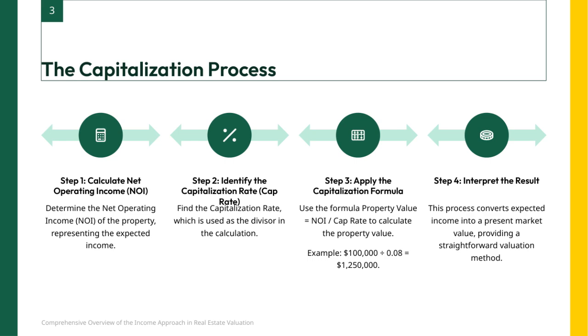Property value equals NOI divided by the cap rate. For example, if the NOI is $100,000 and the cap rate is 8%, the property value would be $1,250,000. Finally, we interpret this result as the present market value of the property, offering a clear and straightforward way to estimate its worth based on its income.